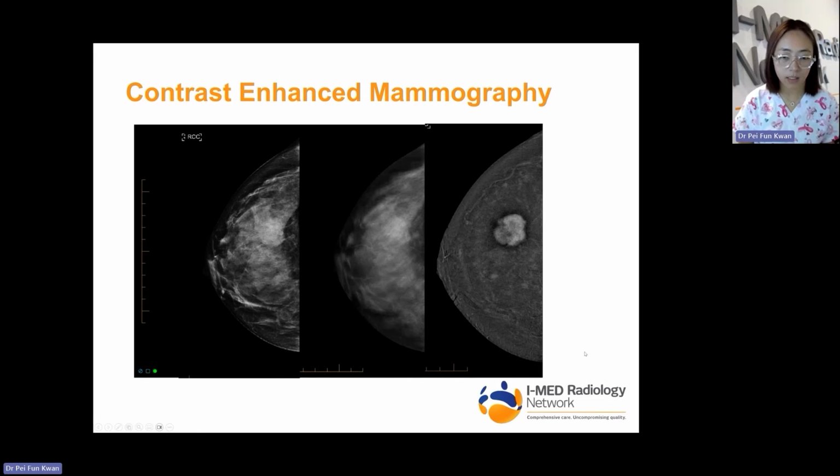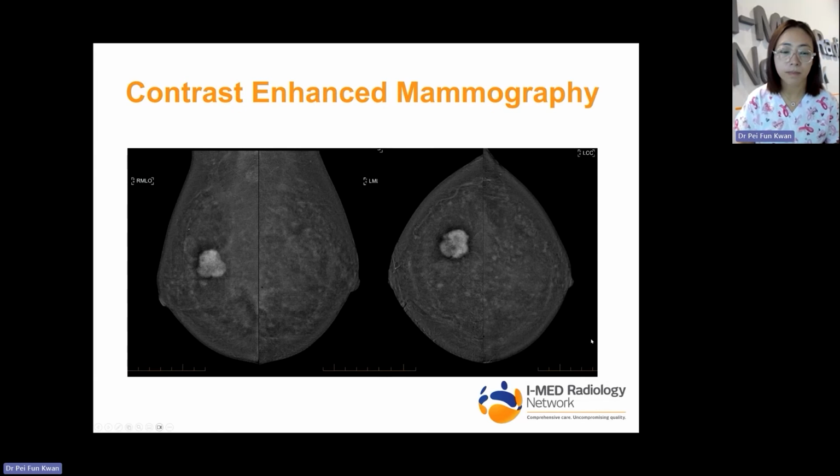Same again, this is the right CC view, same 2D mammogram. You could see a vaguely, slightly denser mass here compared to the very dense breast tissue, and the tomosynthesis here shows it slightly better compared to 2D, but again, contrast enhanced mammogram shows it very, very obviously, with vivid enhancement.